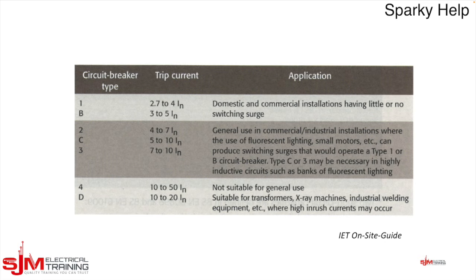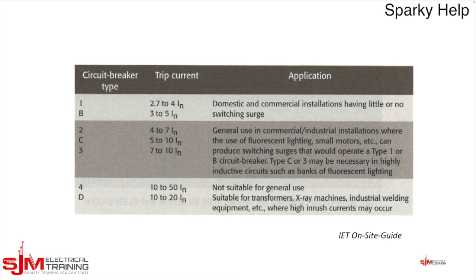That's not to say they don't have a surge, but the current going into them is much, much lower. So if you go into commercial or industrial situations, you're more likely to find Type Cs on lighting circuits. And then in extreme cases, you've got Ds, which is 10 to 20 times, for X-ray machines and welding equipment where you have high inrush currents. Obviously, this is just a guide, but always be guided by the manufacturer's instructions.